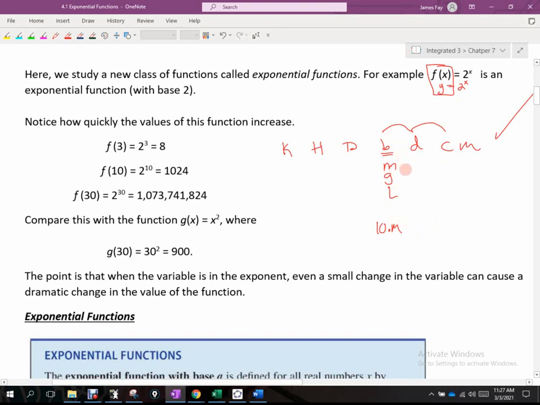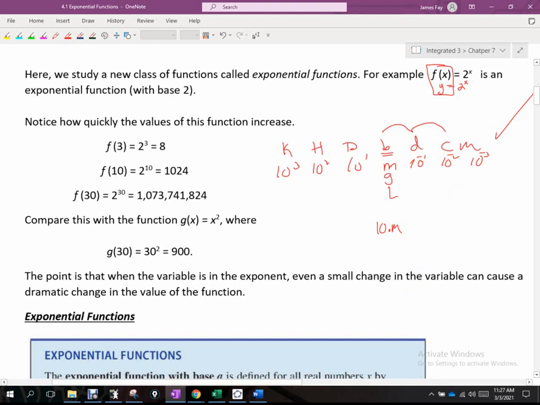Okay? So what we find out is that this is 10 to the first, this is 10 squared, this is 10 to the third, and actually these are going to be negative, and we'll talk about that later.